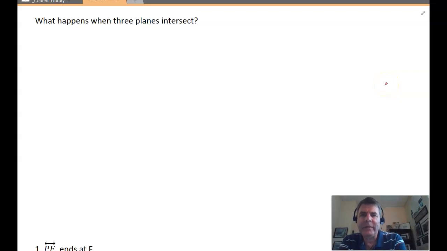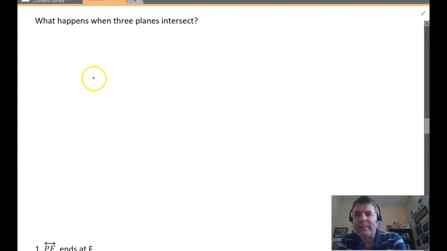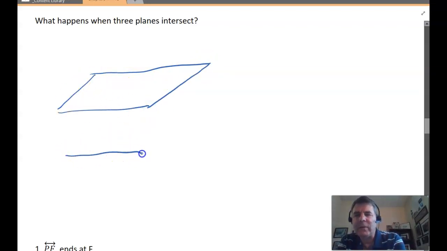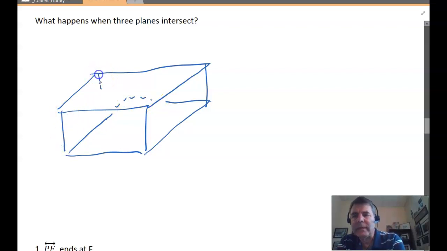What happens when 3 planes intersect? Well, one of the easiest ways to visualize this is think of a corner of a room, the floor and the ceiling. Let's say you've got the ceiling of a room, and then you've got the floor underneath it. Okay, and then you've got a wall. Well, I didn't do a very good job. Okay.